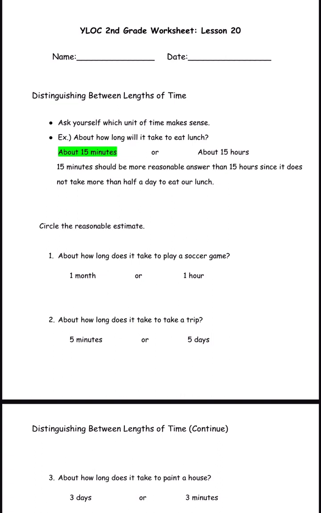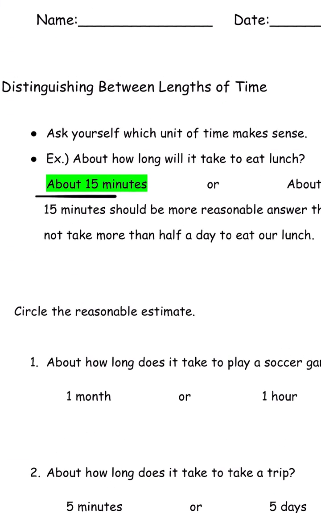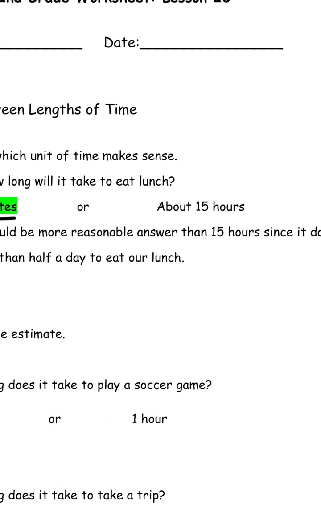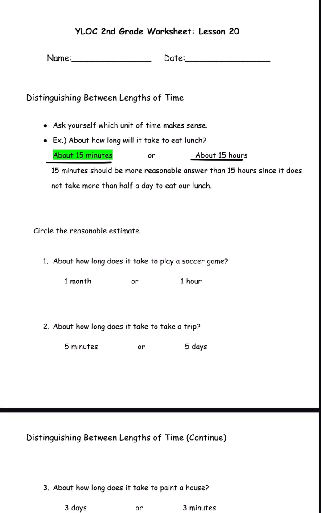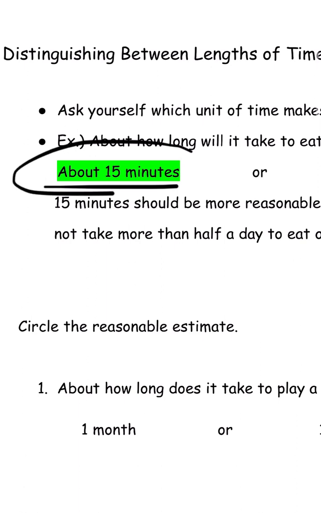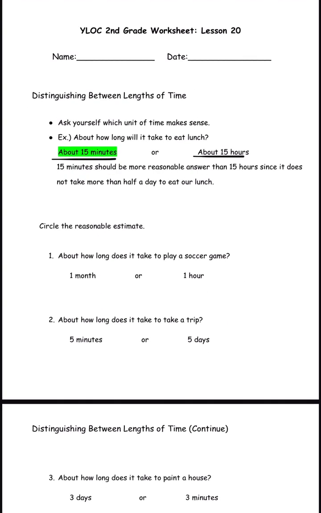Okay, so here's an example. It says, about how long will it take to eat lunch? About 15 minutes or about 15 hours? Which one would it be? Of course, it would be around 15 minutes, not 15 hours, because 15 minutes is a more reasonable answer than 15 hours, since it does not take more than half a day to eat our lunch.